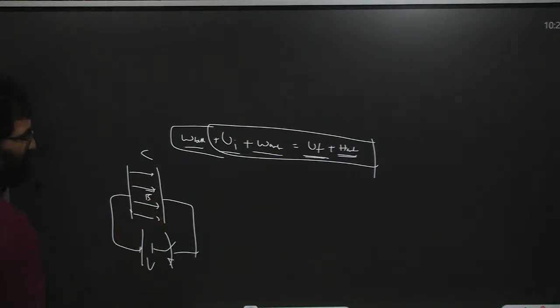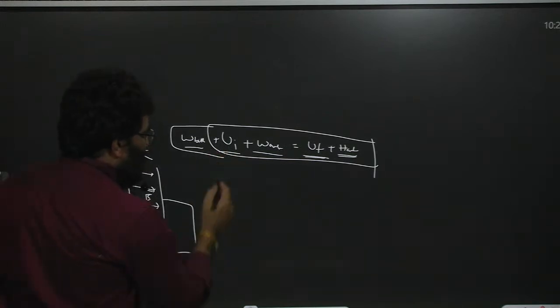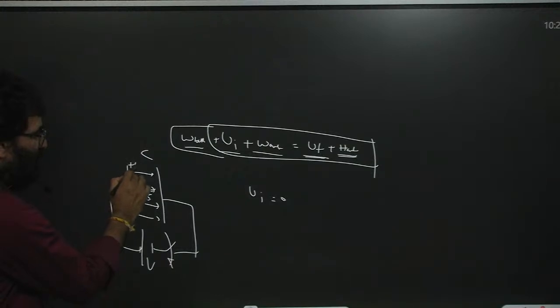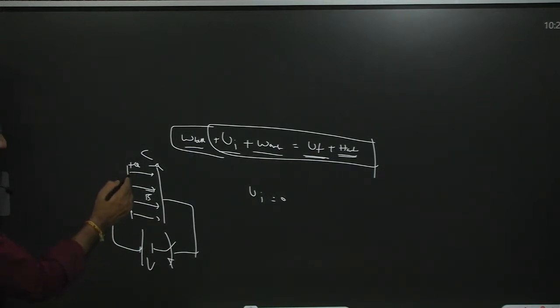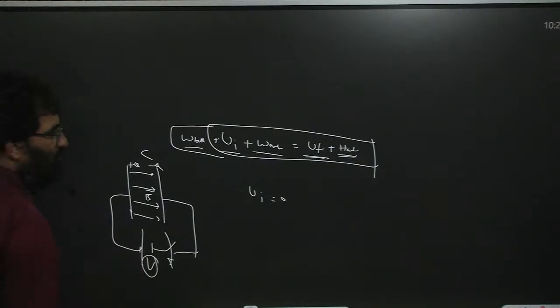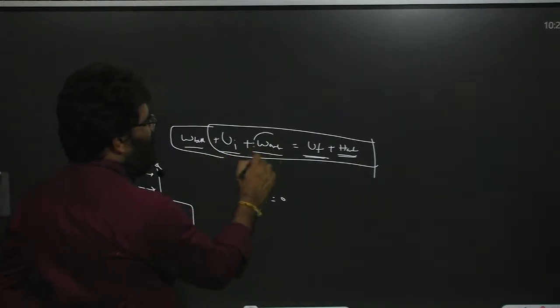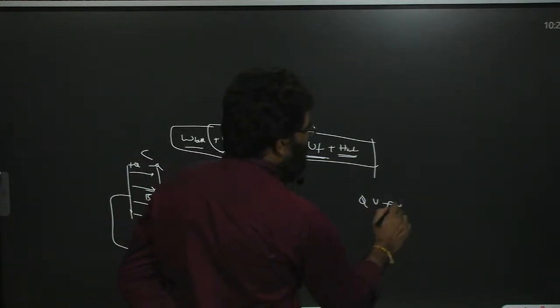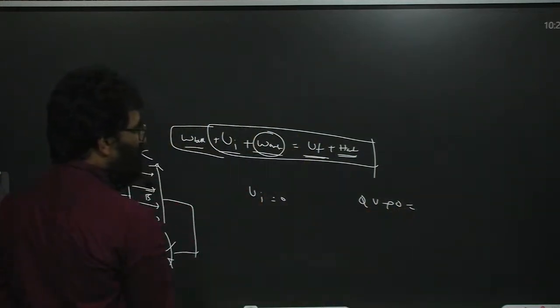Electric field will be existing inside. Initial energy is 0. But finally charge Q is coming, minus Q is coming. How much charge has flown through the battery? Initially charge on this one is 0, but positive charge is moving. What is the work done by the battery? Q into V. But there are external forces. Now, Q into V plus 0, initial energy is 0, but final energy is what?